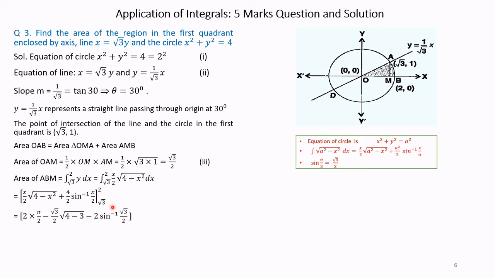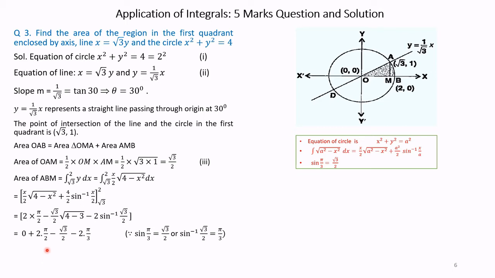Therefore, substituting the upper limit of 2, we get 2 into pi by 2, minus the lower limit root 3 by 2 into the square root of 4 minus 3, minus 2 into sine inverse of root 3 by 2. The first term becomes 0, plus the 2 cancels with 2.